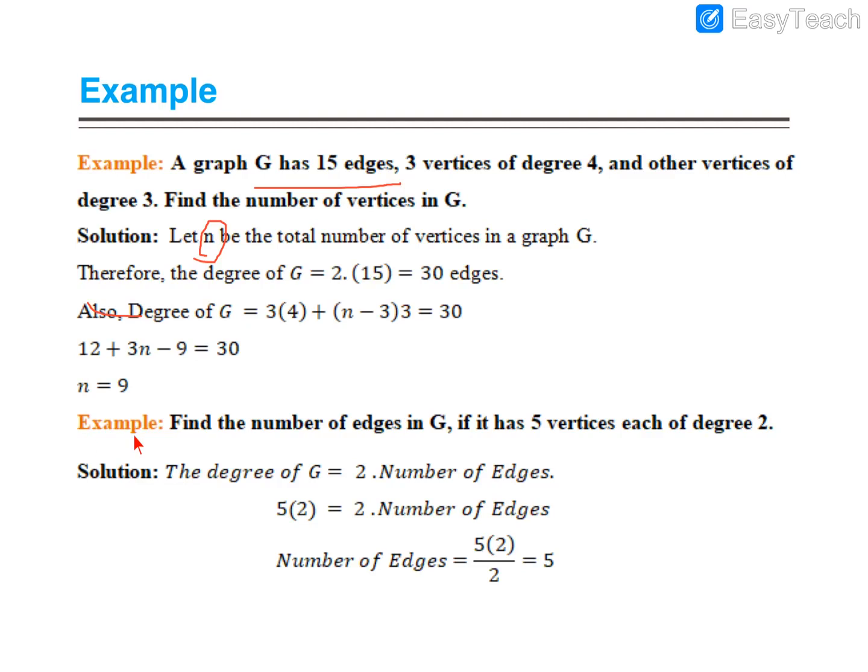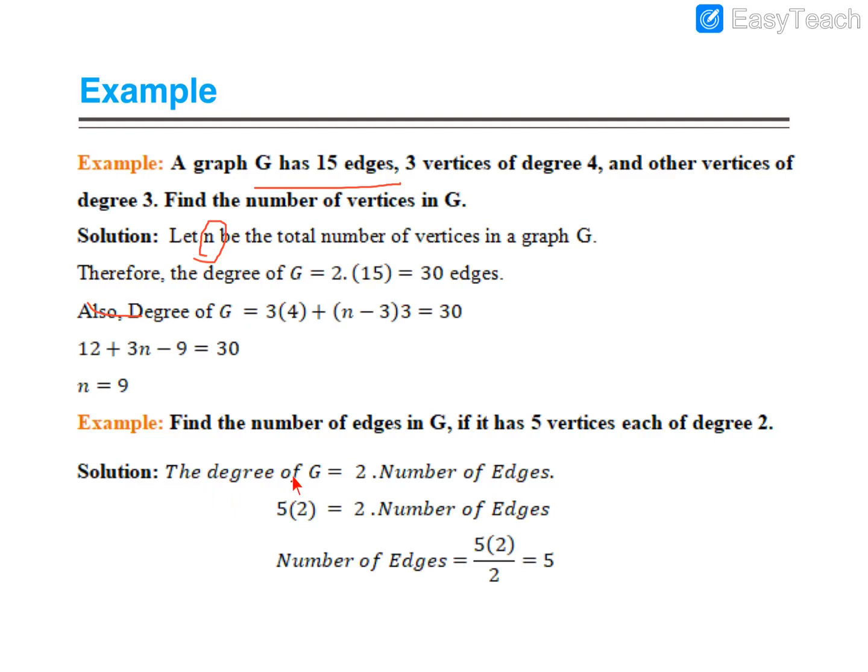Now let us discuss another example. Find the number of edges in a graph G if it has 5 vertices each of degree 2. We know that the degree sum of G is equal to 2 into the number of edges, because of theorem number 1.